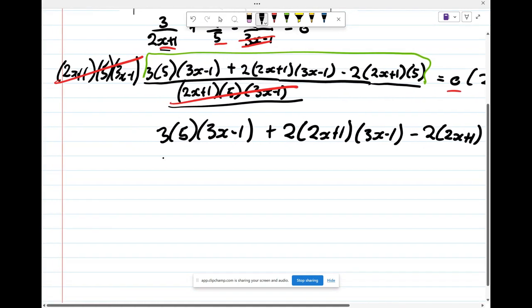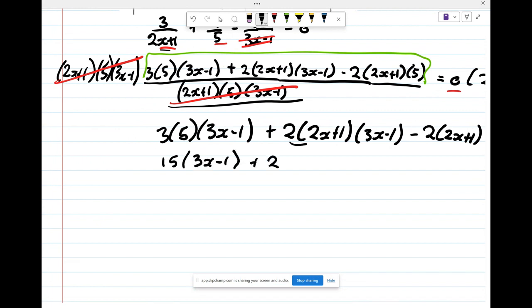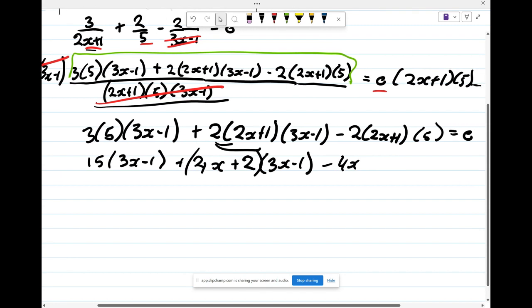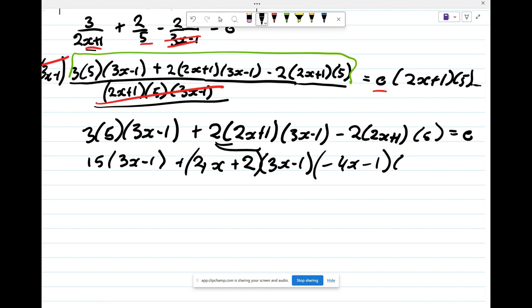So if we multiply this out, that's 15 times 3x minus 1 plus 2 times 2x is 4x, and then 2 times 1 is just 2, and all of that is times 3x minus 1. And then minus 2 times 2x is 4x, and then minus 2 times 1 is minus 1, and all of that is times 5. It's equal to 0.